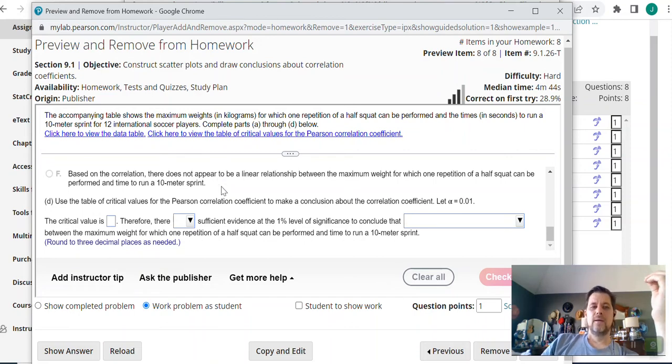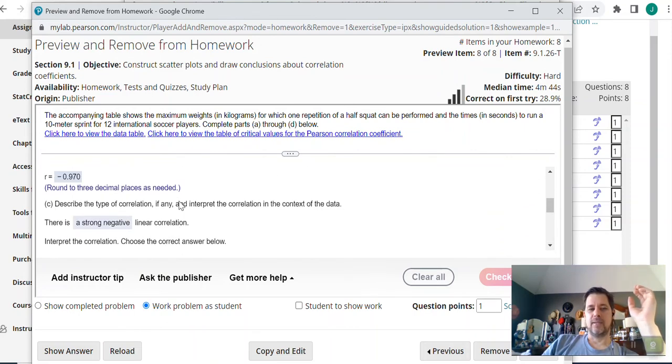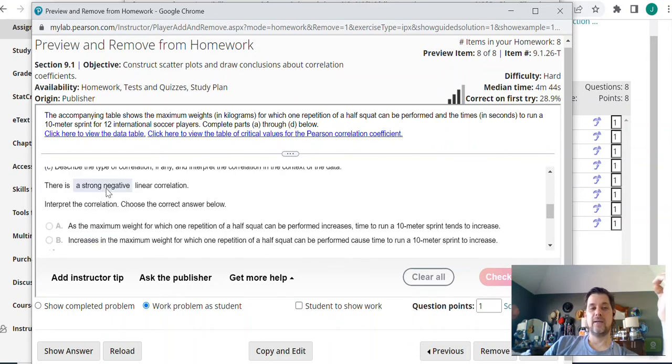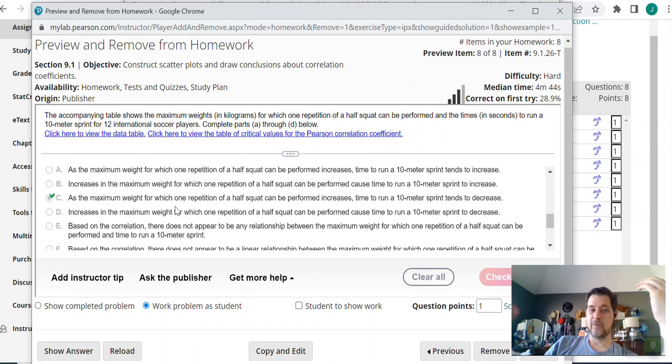Like, for example, this number, the correlation coefficient, is an important number for this. It's pretty close to -1, okay? And that says the correlation is strong. And that says, yeah, it's probably true that the conclusion I have up here, as the maximum weight for which one rep of half squat performed increases, the time to run the 10-meter sprint decreases, okay?